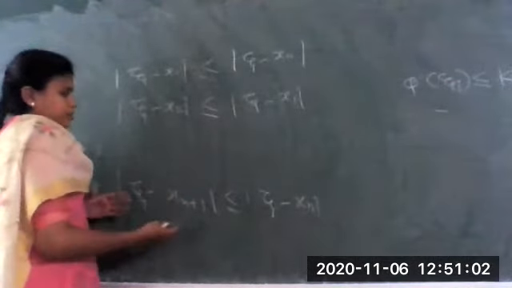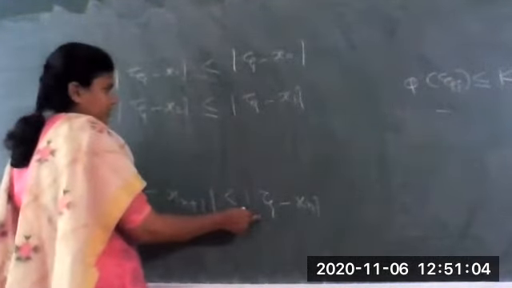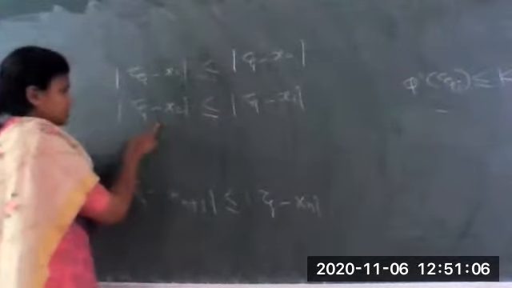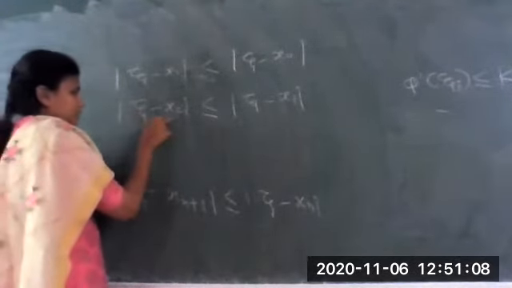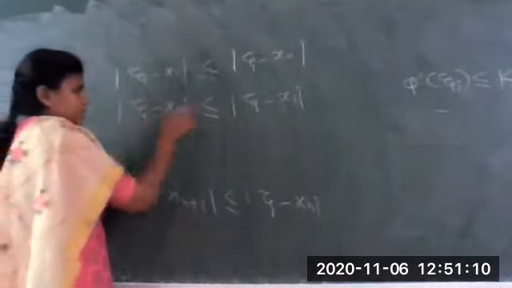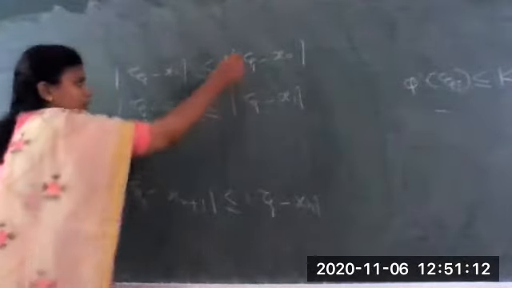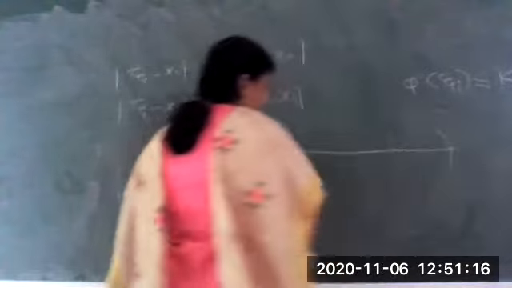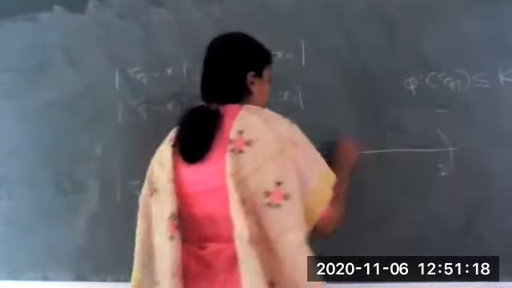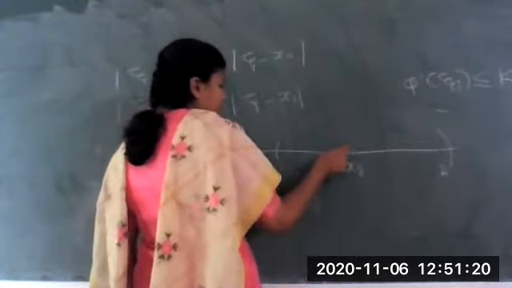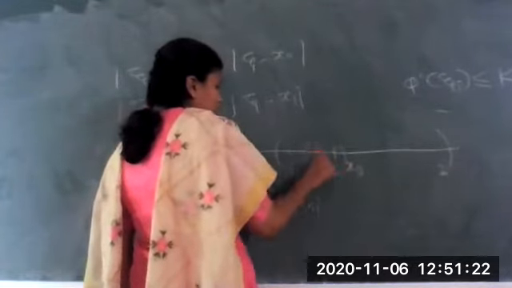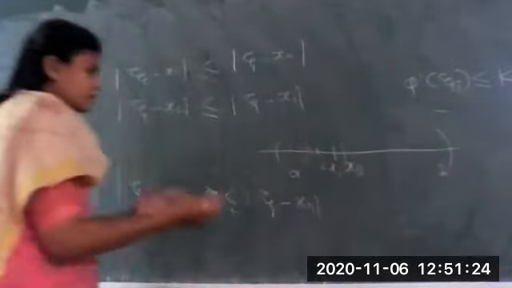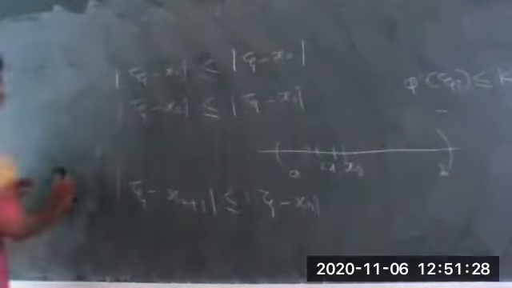Suppose this |ζ − x2| is the second approximation, which is less than our first one. Initially we got whatever the root. Suppose we have here the interval a to b. So this is x0, then we'll get somewhere x1, x2 and so on. So the interval becomes smaller and smaller so that all the roots will lie in our interval I.